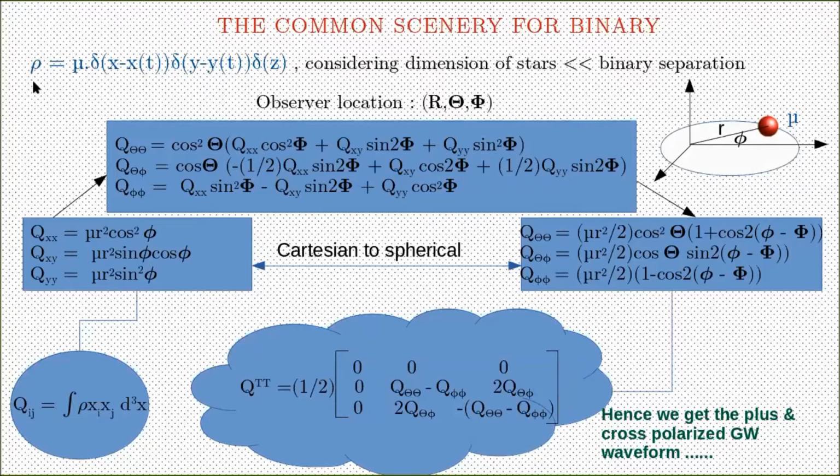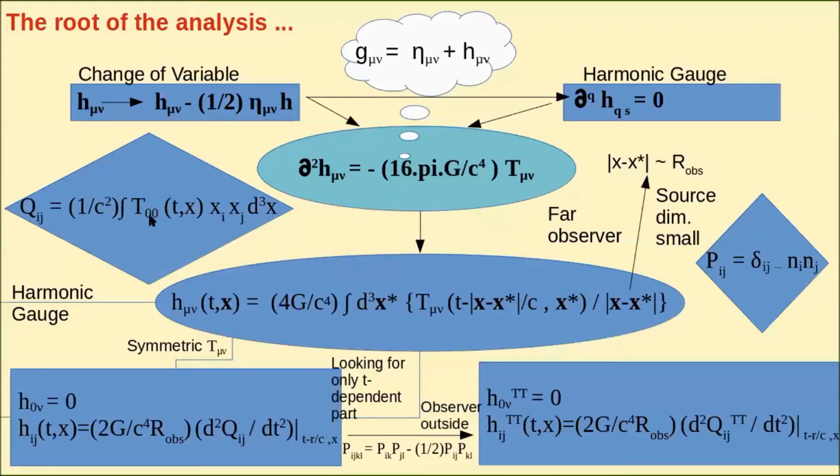So considering this as the expression for rho, the mass density, we can write the Q components of the system, that is the quadrupole components. See, rho is T00 over c squared, that is the energy momentum tensor zeroth component divided by c squared. We call it the mass density.